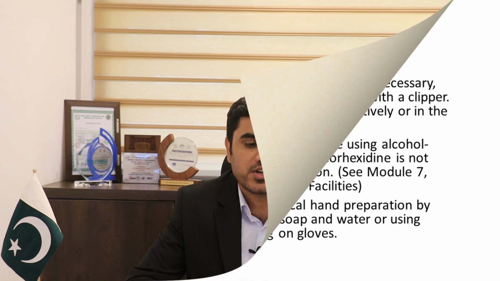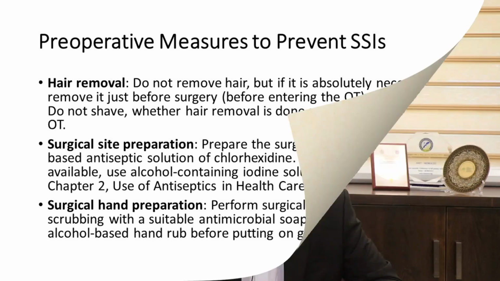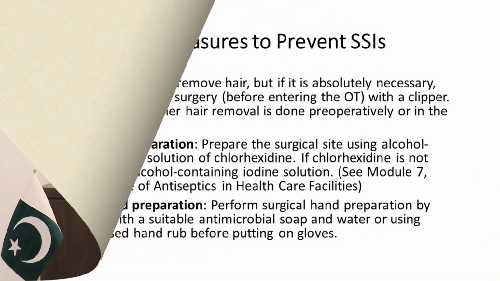And next, there is hair removal. We have discussed it many times that shaving is discouraged, and the reason for mentioning the same thing again and again is to make sure that every one of you has in mind to discourage the shaving practices going on in Pakistan.